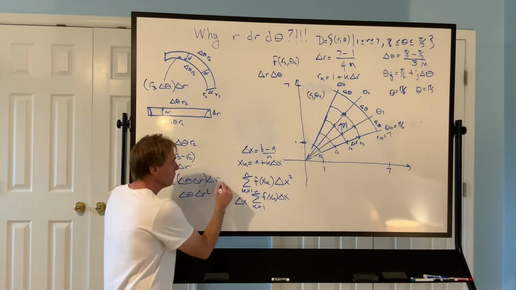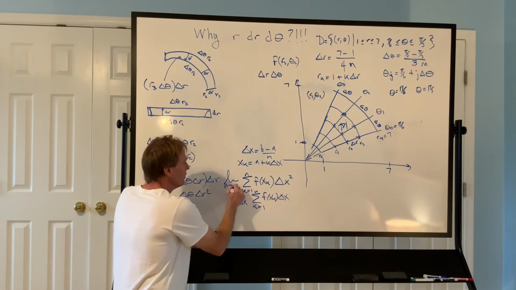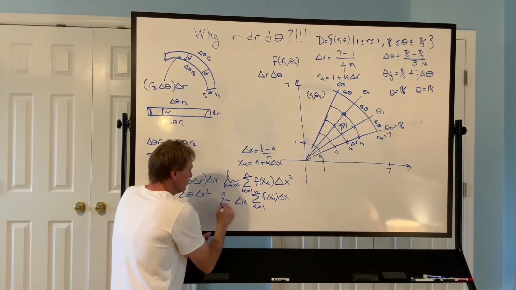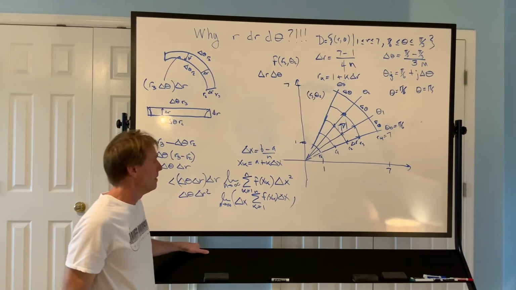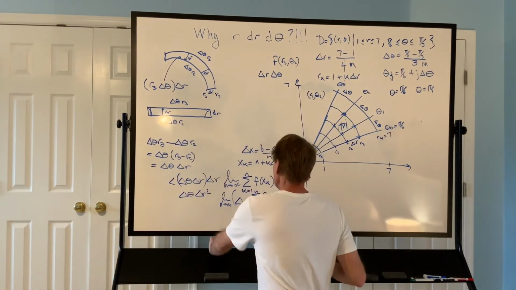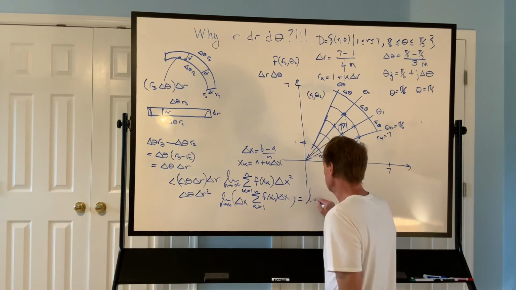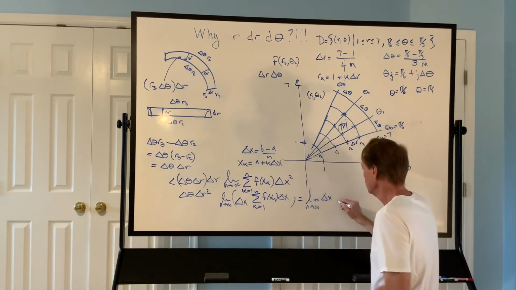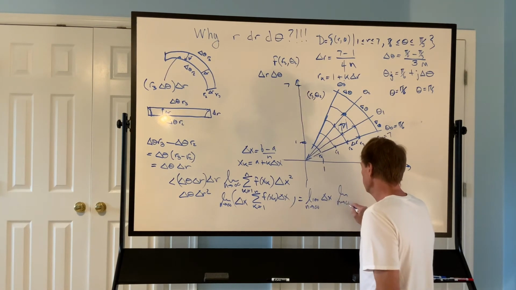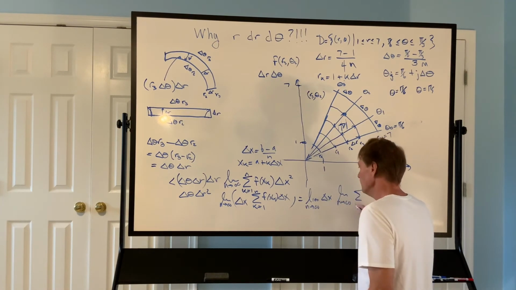And if we're thinking about taking it to an integral, we're going to take the limit as n goes to infinity of that mess. But using some properties of limits, this is like the limit as n approaches infinity of delta x times the limit as n approaches infinity of this Riemann sum.